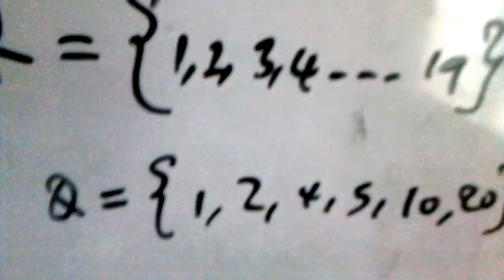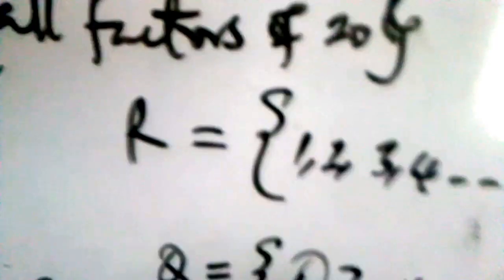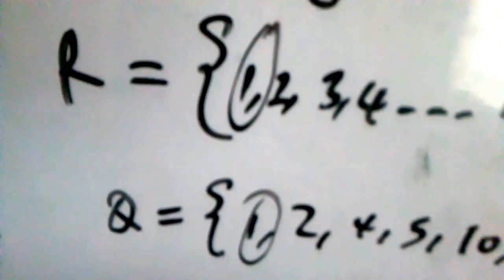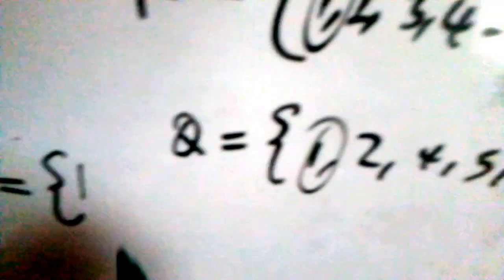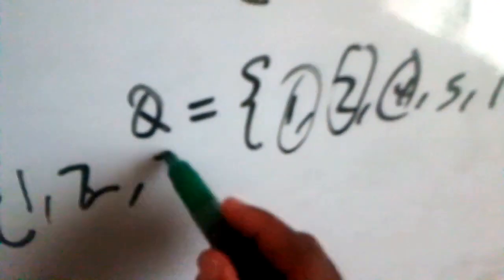Can you see now? In this element we can evidently see 1 is an element of Q and 1 is an element of R. So we are listing out the elements without repetition. 2 is also an element, so 2 is part of it. We also see 4 here. 4 is also part of it.